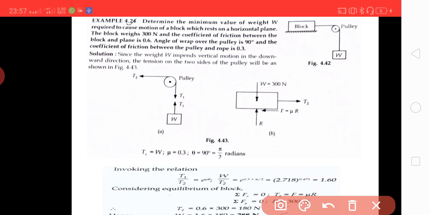The direction of frictional force will be this way. There will be a frictional force here also, F equal to mu R, with the normal reaction, the weight, and the tension T2 here.